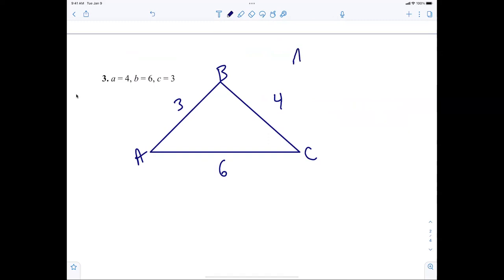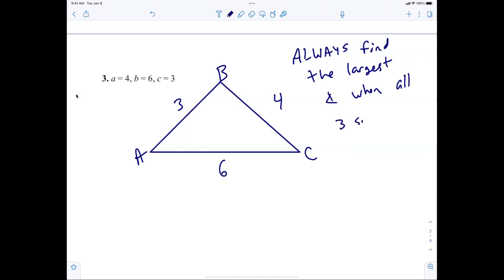Always, make this in your notes: always find the largest angle when all 3 sides are given.